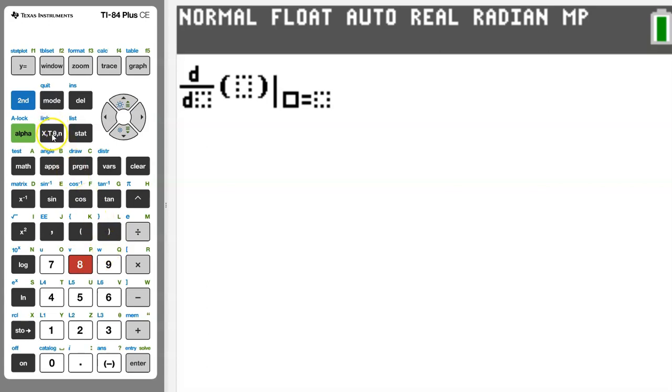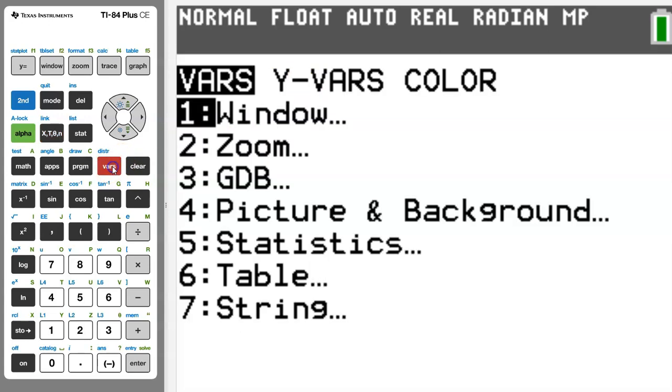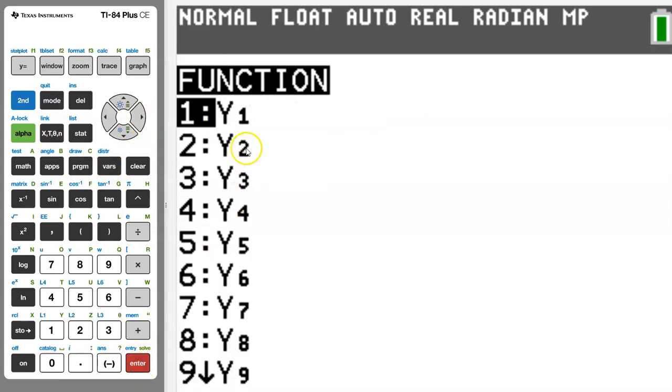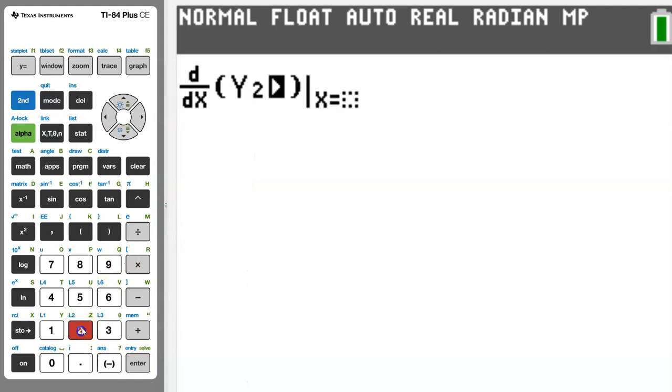So we want to take the derivative, so d/dx of f of t, which is y2. So hit the vars button, switch over to y vars, choose option number 1, and y2 is f of t. So we're taking the derivative of f of t at x equals 7.